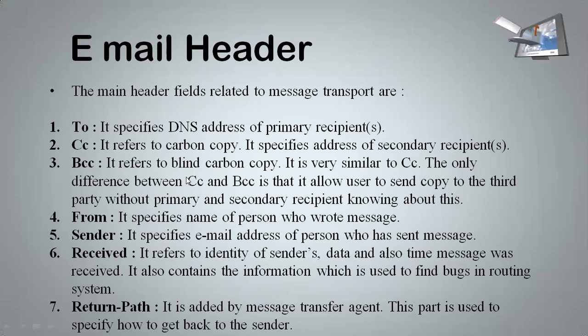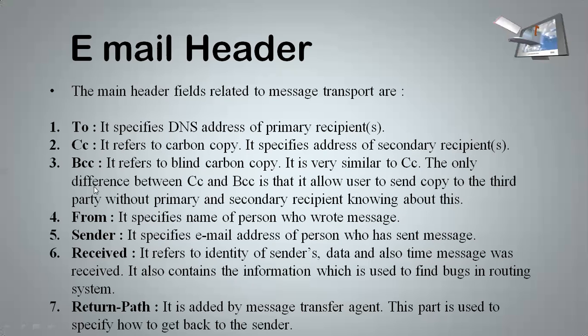Then BCC refers to blind carbon copy. It is very similar to CC. The only difference between CC and BCC is that it allows the user to send a copy to a third party without the primary and secondary recipients knowing about it. So it hides the carbon copy of the sender's message.